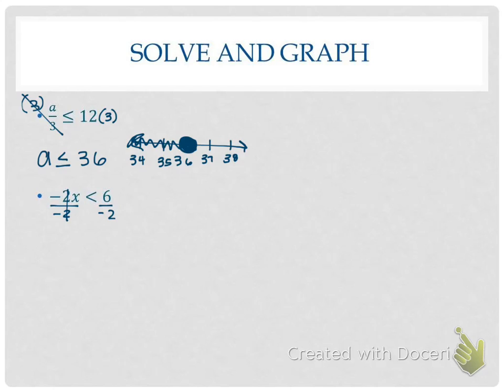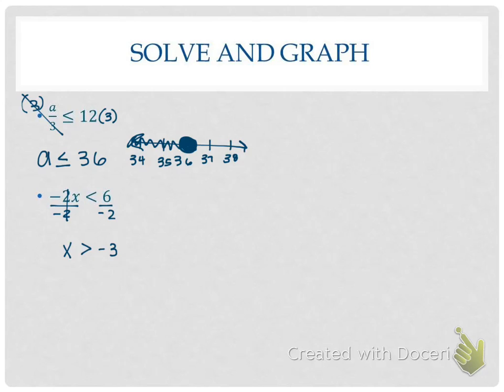So if I started out with a less than sign, it is now going to be a what? Greater than sign. 6 divided by -2 is -3. That is a rule you have to memorize. If I multiply or divide by a negative number, we have to change the sign.